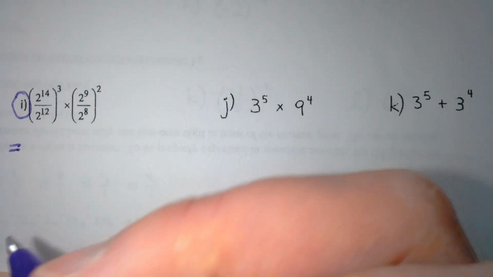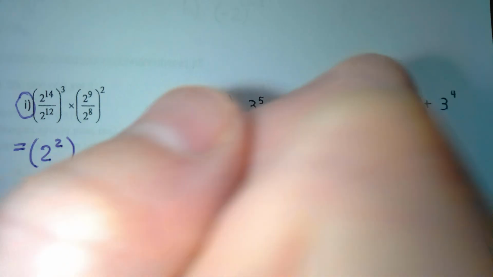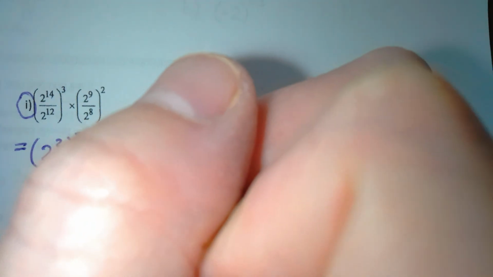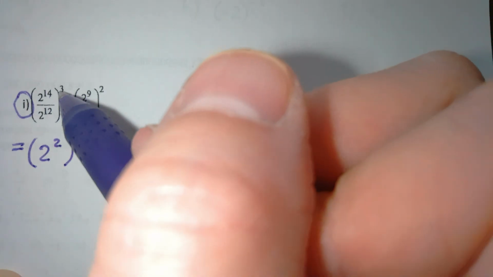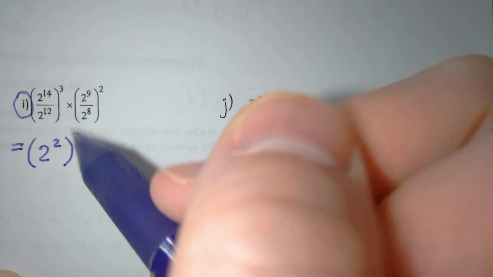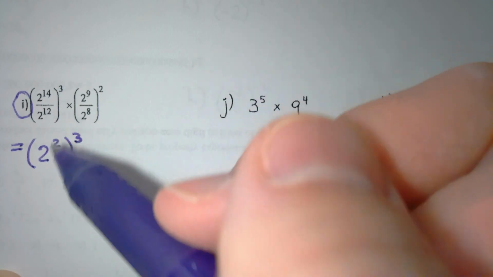Okay, Yancy? Inside the bracket is going to be 2 to the power of 2. Good, because I'm dividing, so I subtract the exponent. What happens to the 3? It's outside. Right. I haven't done anything with it yet, so I have to carry it down. So don't leave it out. Don't forget it, guys.